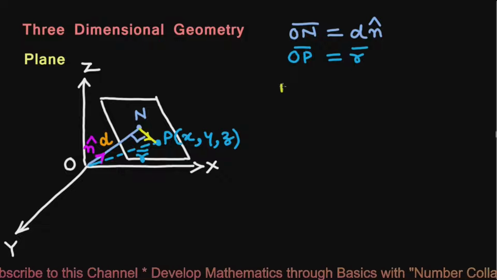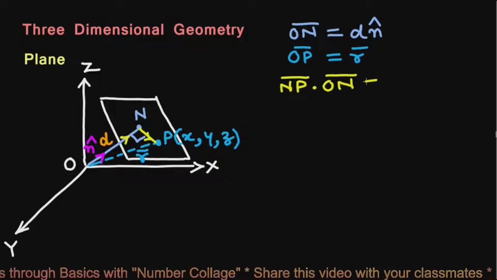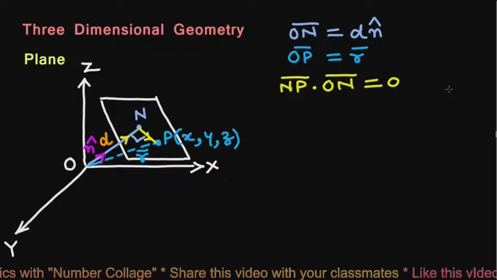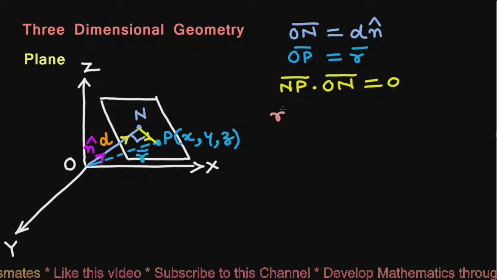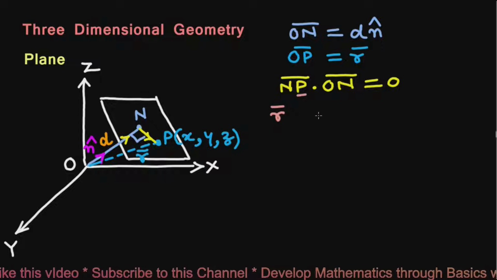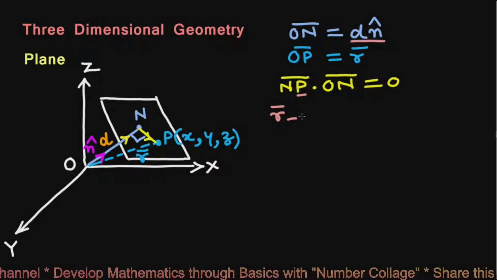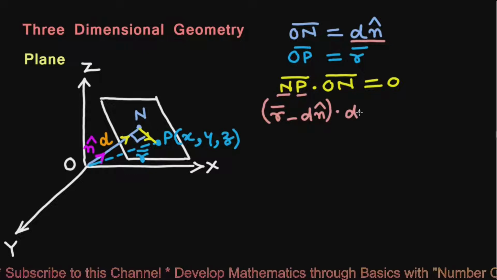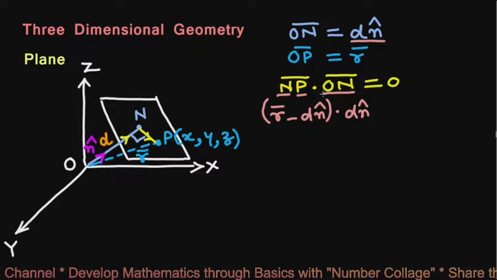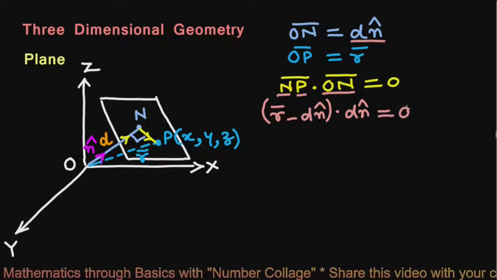Now NP bar dot ON bar will be 0 because they are perpendicular vectors. So we write r bar, the position vector of point P, minus d n cap, the position vector of point N, dot d n cap, the position vector of ON bar, equals 0.